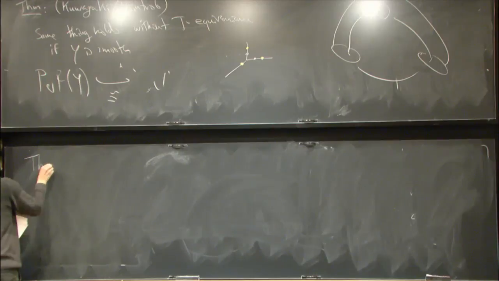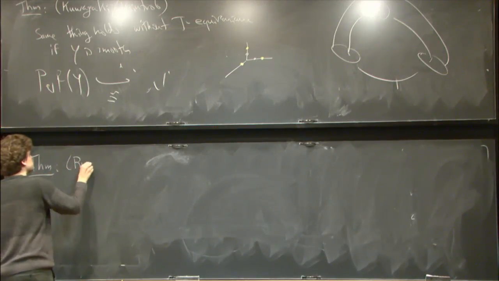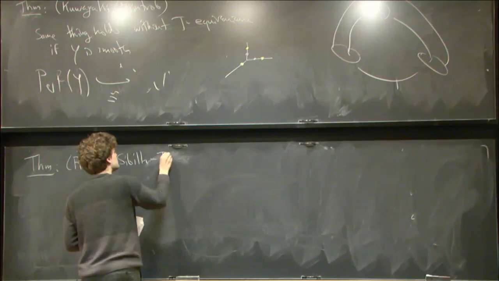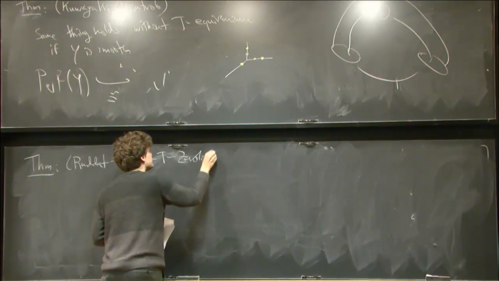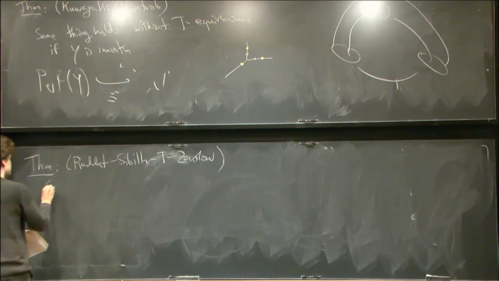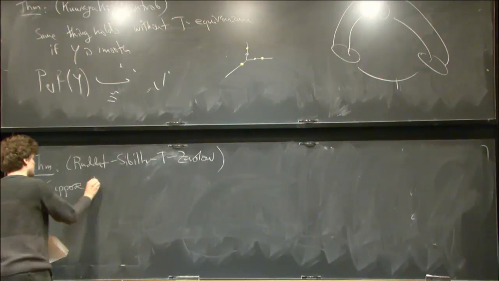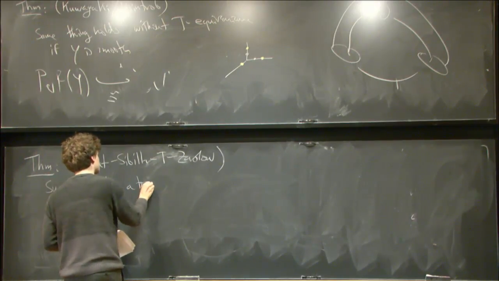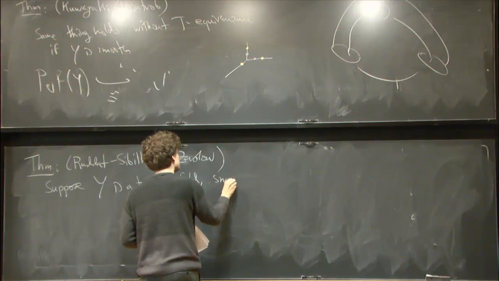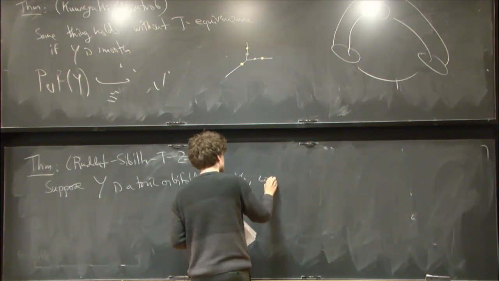It's a theorem of Helder-Radat, Nicola Sibila, Zaslow, and myself. Suppose Y is a toric orbifold, that it's smooth, and that its coarse space is projective.